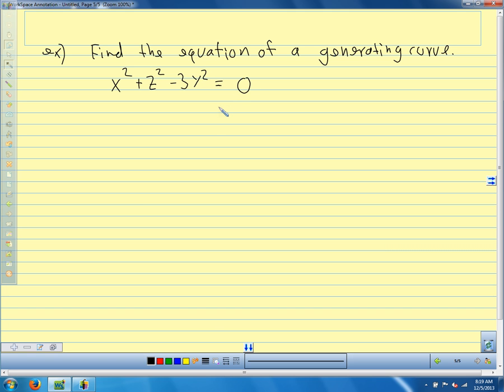So before we start, let's think about what we have here. Think about what we've learned already. What kind of surface is this? Not just big picture, not specific. What do we call this kind of surface?